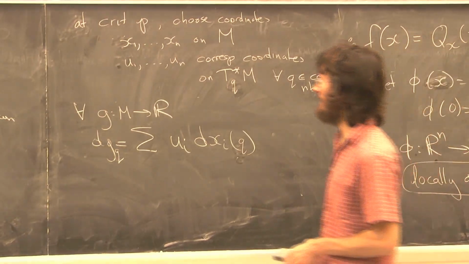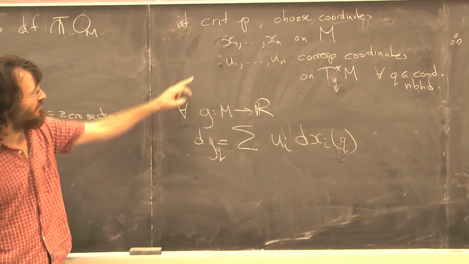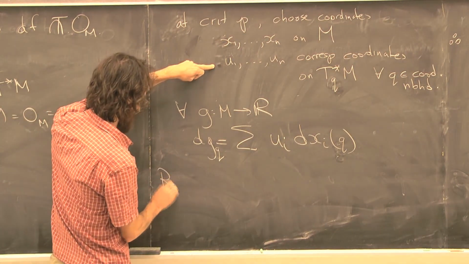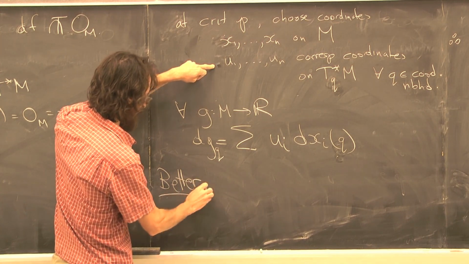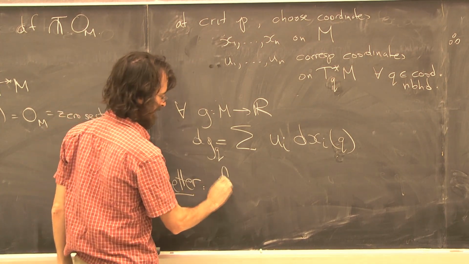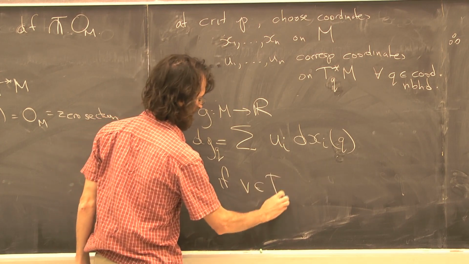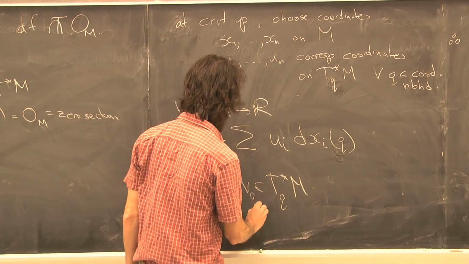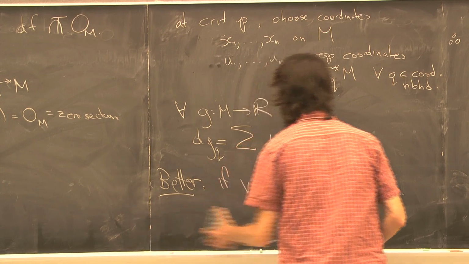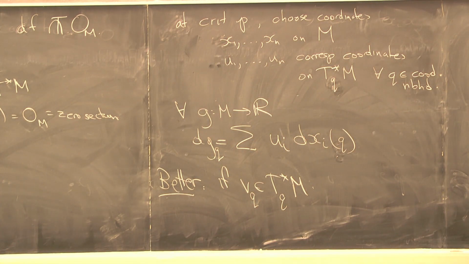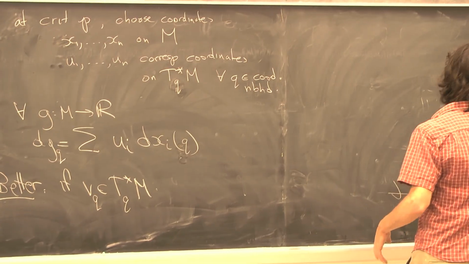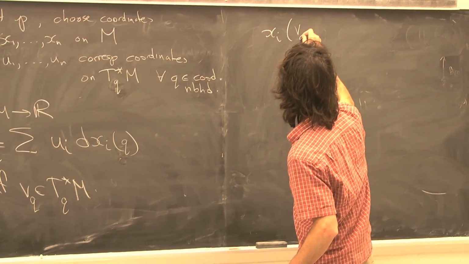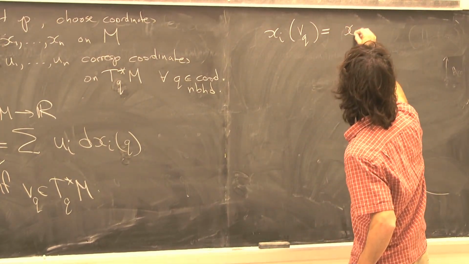That's being sloppy, so you want to be very careful about it. The better way to say it is this: if v is in T_q*M, so v is at a point q, then I'm going to tell you what all these coordinates are. x_i of the vector v at the point q is just x_i of q.